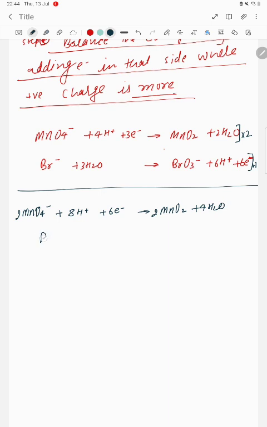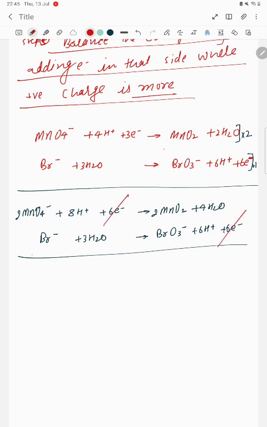Now here no need to multiply: Br minus plus 3H2O, this side, student, BrO3 minus plus 6H plus 6 electrons minus. Here you see the 6 electrons on the right side and the electrons on the left side cancel out. Now you add these equations, student.